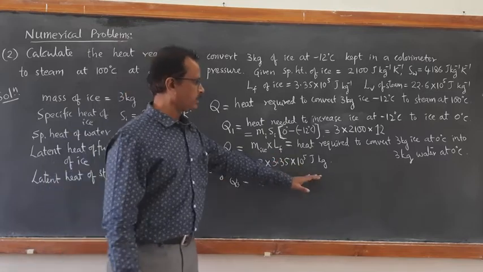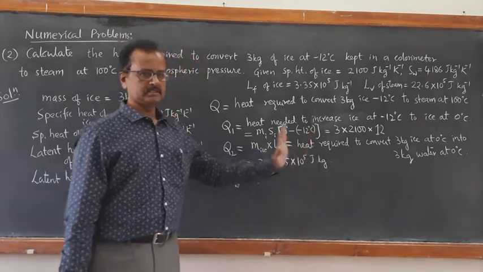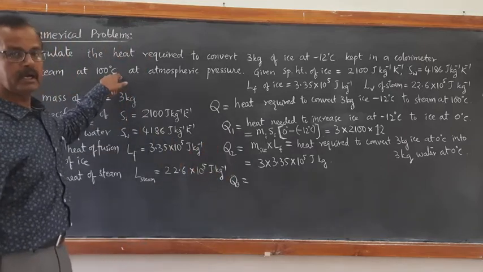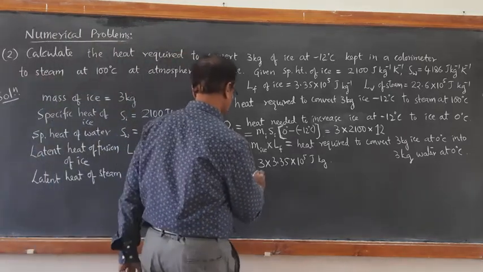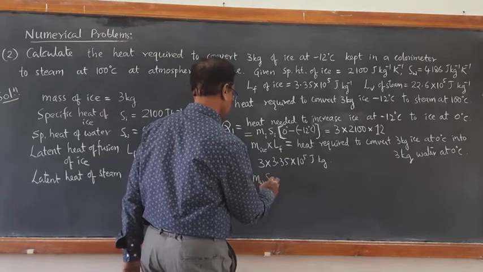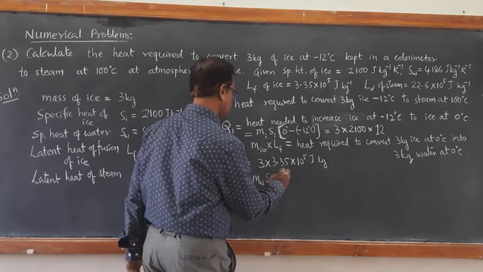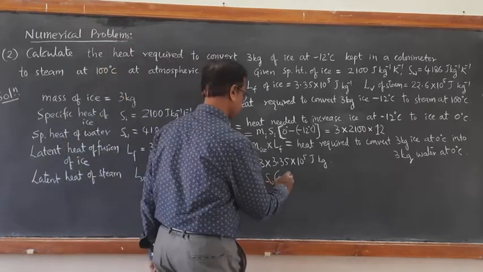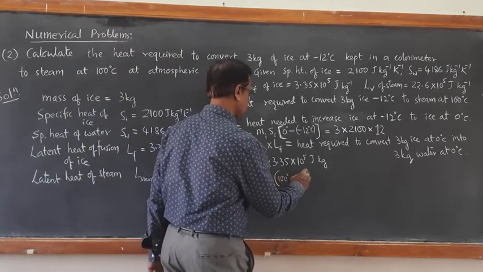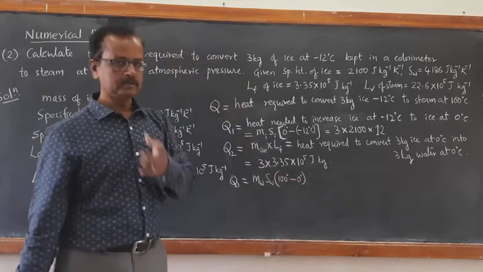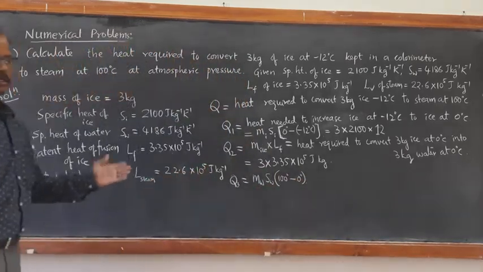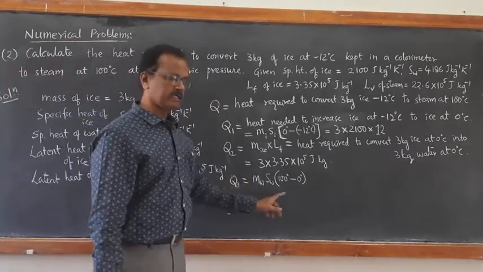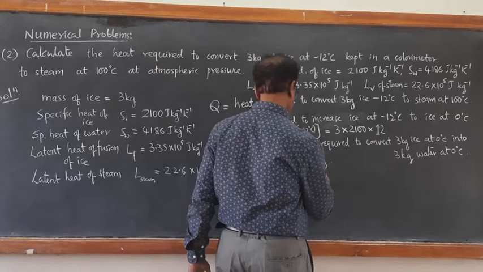Now it is converted into water at 0 degrees Celsius. Now water at 0 degrees Celsius has to increase to water at 100 degrees Celsius. So mass of water into specific heat of water into change in temperature. Change in temperature is 100 degrees Celsius minus 0 degrees Celsius. From 0 degree water, it has to reach 100 degree boiling water. How much heat is required? This is what I am writing.